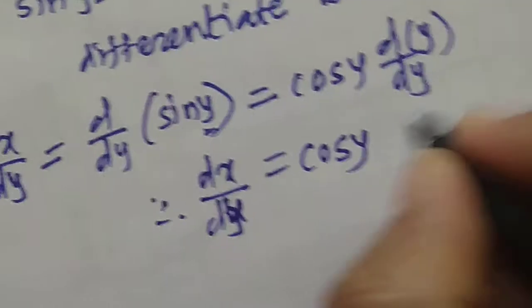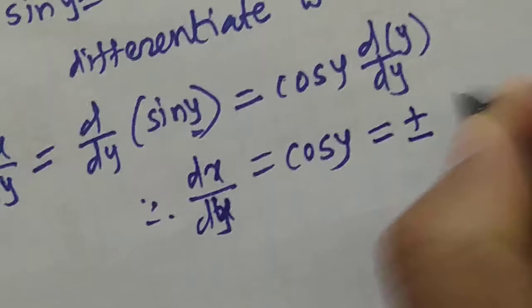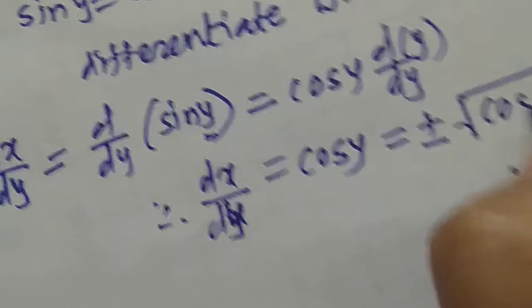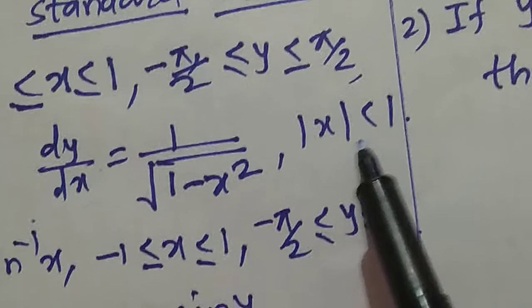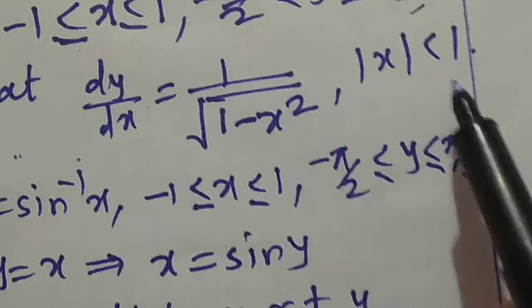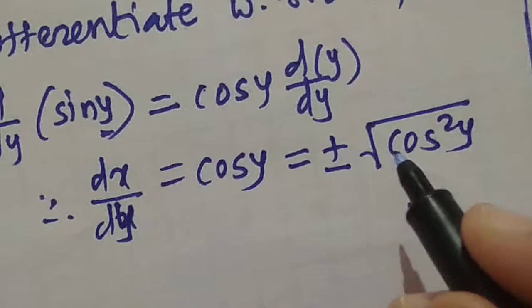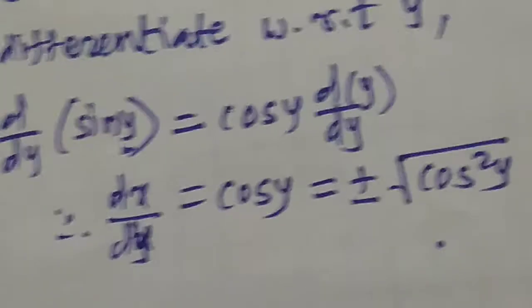Therefore dx upon dy is equal to cos y. So this can be written as plus minus root cos square y, because here modulus of x is less than 1, therefore there exist plus and minus, that is two values, in root cos square y.